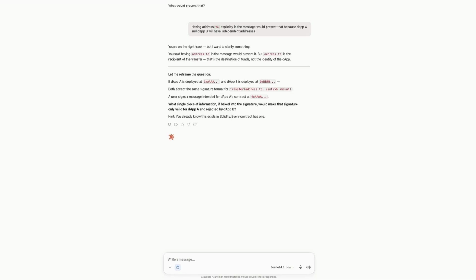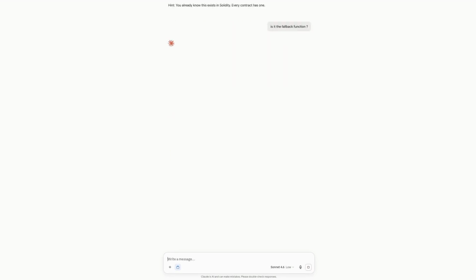What could be the answer for this? You already know this exists in Solidity. Is it the fallback function? That's for receiving unexpected calls, not about identity.